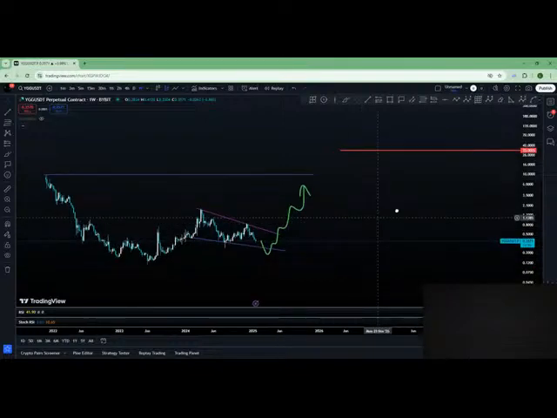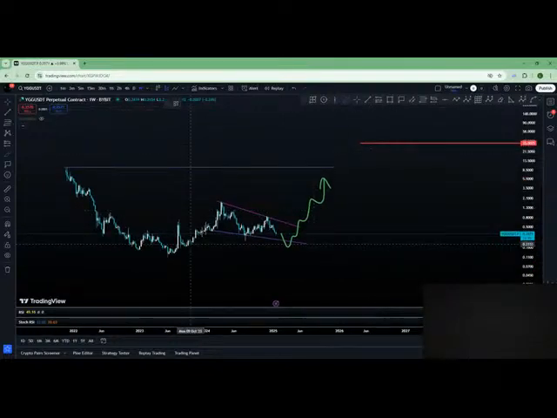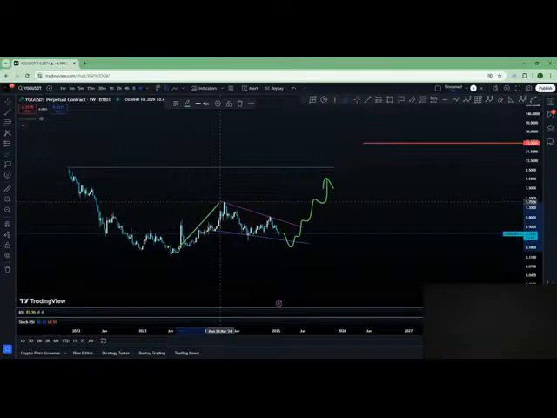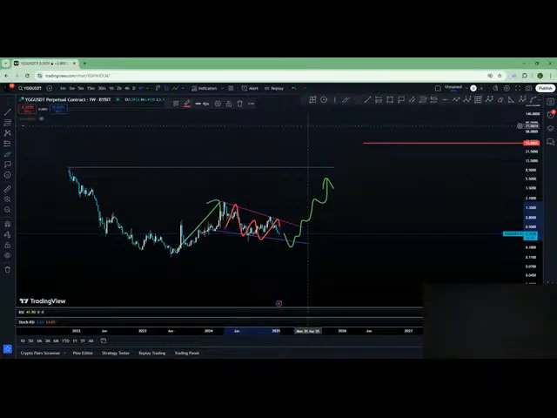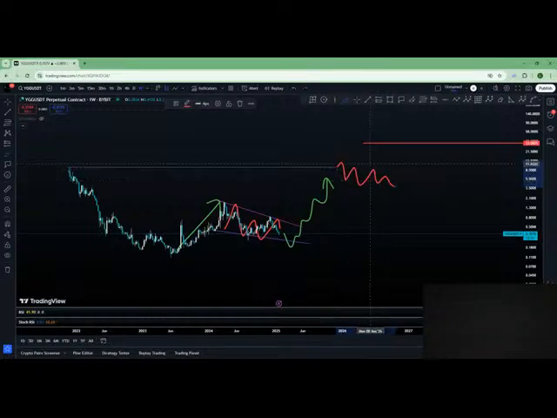As you guys can see, this is a rally, an impulse move, and this is a base, a correction wave. The correction lasts for long, and the rally goes in very quickly. So another rally should come, and then another correction, and then a rally.